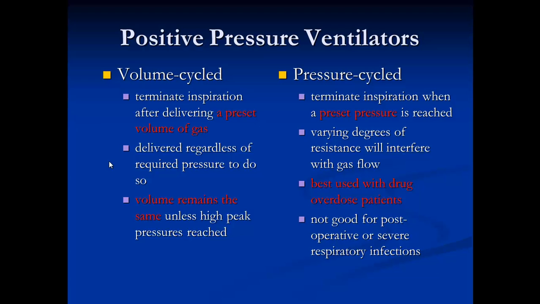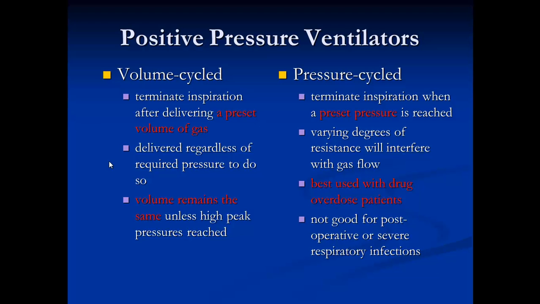In pressure cycle, often called time cycle, applies a constant pressure for a preset time. The constant pressure throughout inspiration produces a square pressure over time waveform during inspiration and a decelerating inspiratory flow waveform as the pressure gradients fall between the ventilator and the patient.